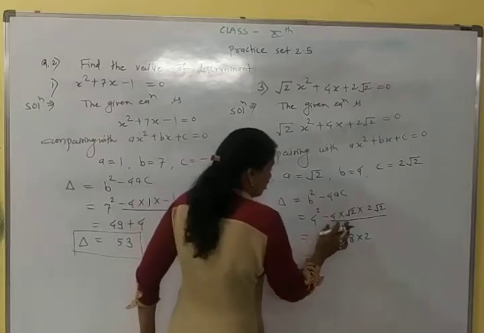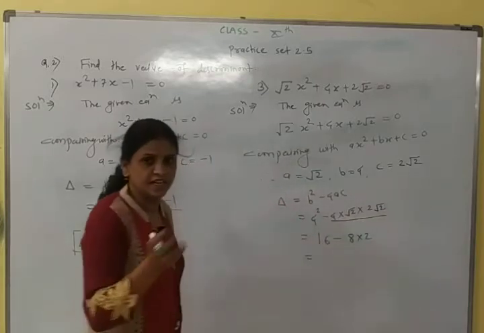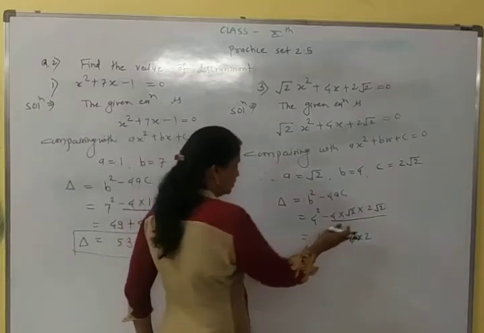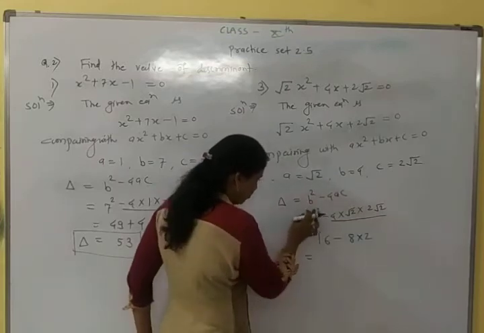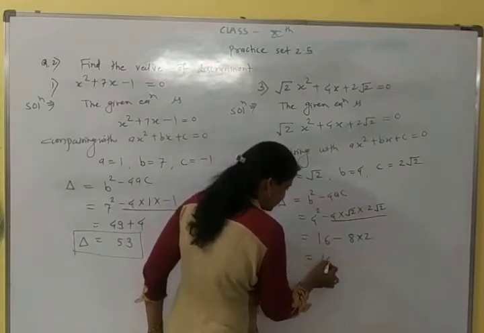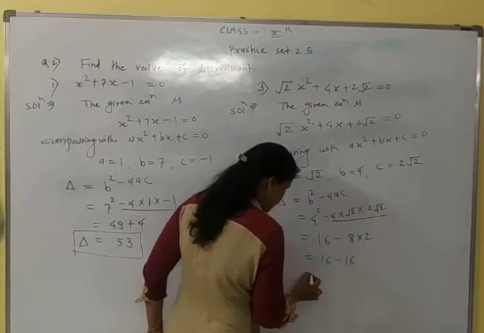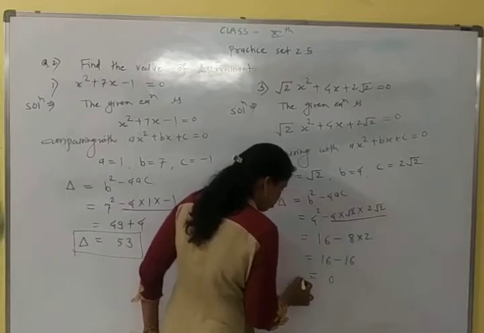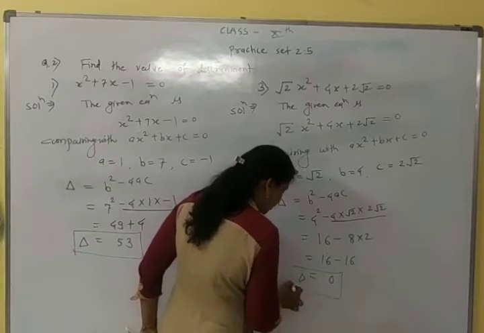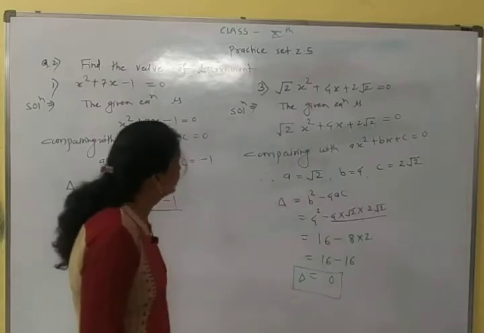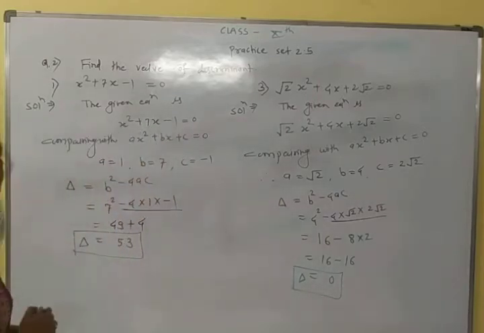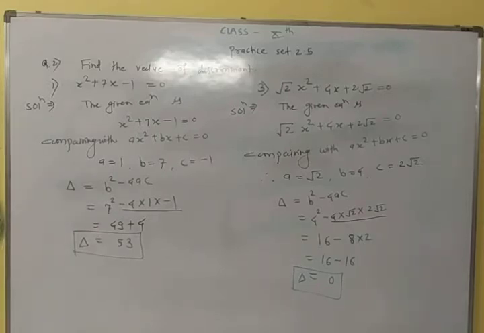You already solved this type of question in 9th standard, surds. This is the problem of surds. 4 square 16 minus 8 into 2 is 16, and 16 minus 16 is equal to 0. Therefore, the value of discriminant is 0. This is the value of discriminant. Okay.